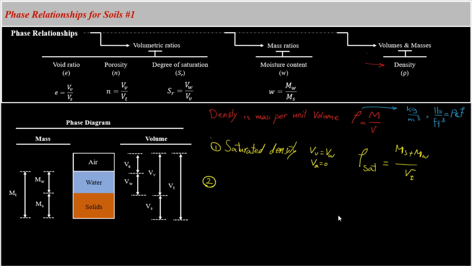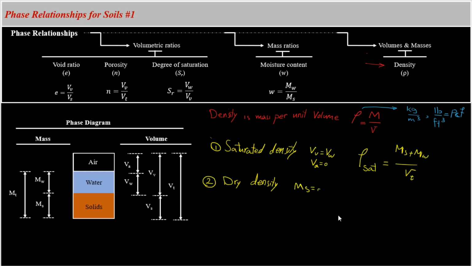The other important density that a soil has is the dry density. Dry density is pretty much used a lot in compaction problems. The dry density of a soil is when there is no water in the soil.